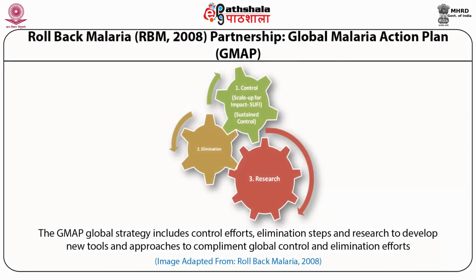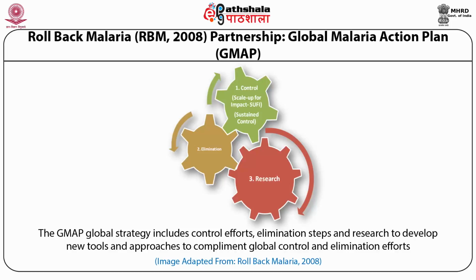The Roll Back Malaria Partnership has formulated the Global Malaria Action Plan (GMAP) and is hosted by the World Health Organization at Geneva, Switzerland. The GMAP is the leading forum for channelizing action and resources for the global fight against malaria eradication.